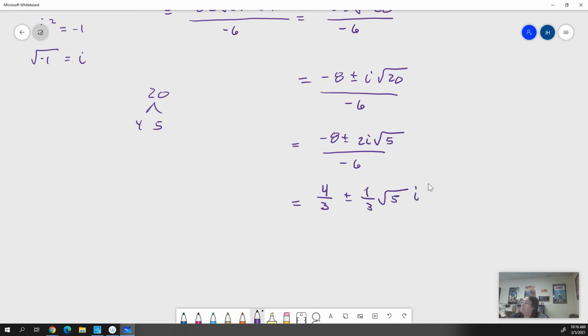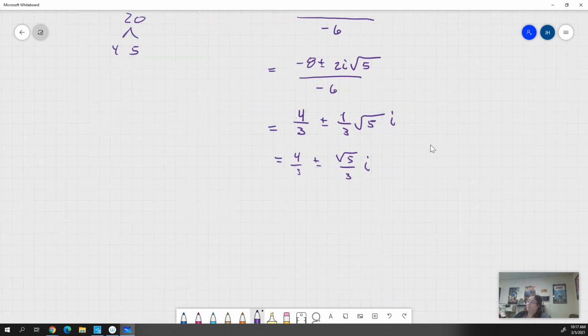You can write it as i, or we could write it as 4/3 plus or minus radical 5 over 3 times i. There's several ways to write it. All of these are correct. This one is probably the prettiest way of writing it.